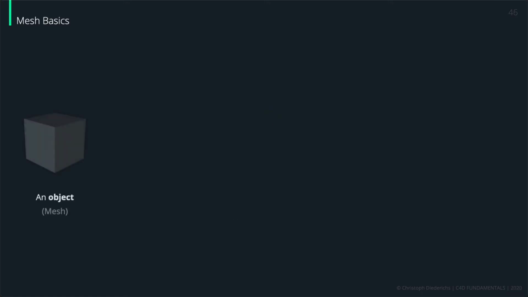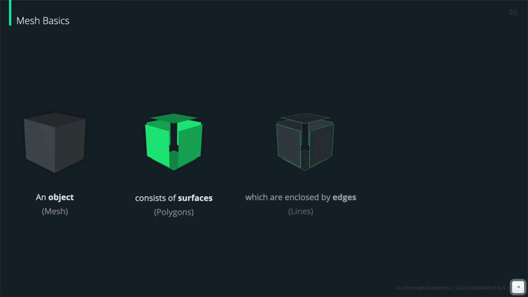To wrap that up, or to turn that around, we could conclude that an object or mesh always consists of multiple surfaces or polygons which are enclosed by edges or lines and which are defined by vertices or points. So these are basically all the ingredients of our 3D objects in our 3D spaces: points, edges, surfaces, and the object itself.